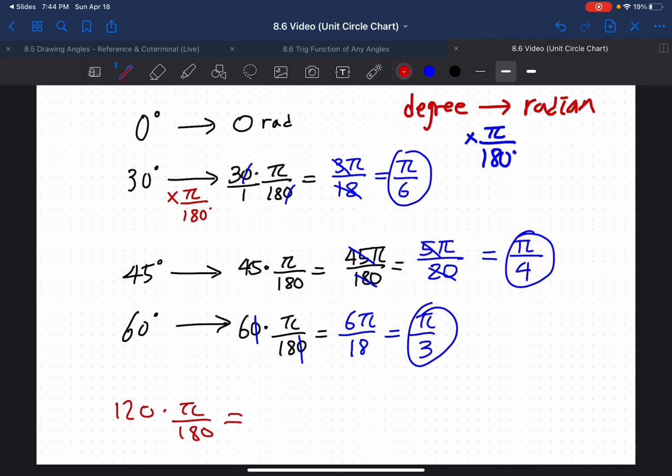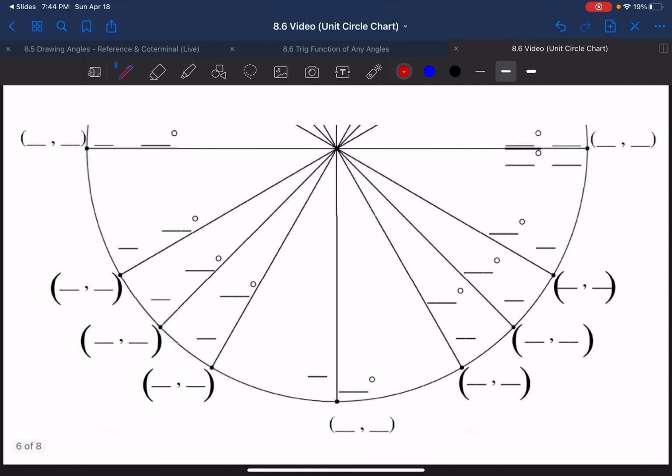I am not going to do it. And you are going to complete the bottom portion of the unit circle, which I will label the degree for you. This was 180, 210, 225, 240, and we know this is 270, and then this is going to be 300, 315, 330, and then 360 finally.